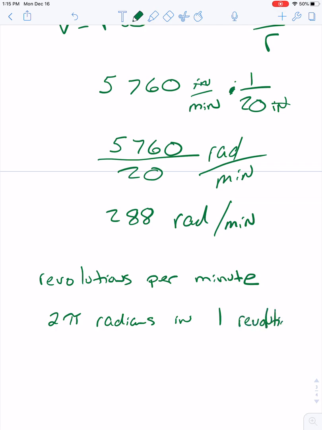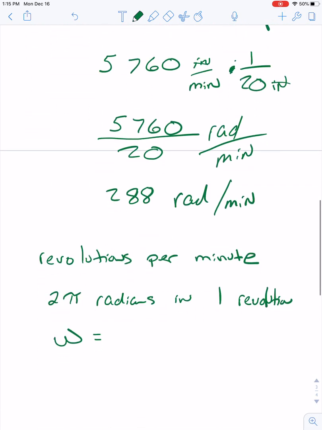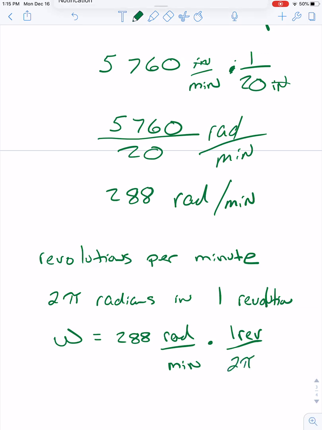So we have our angular speed at 288 radians per minute. And we want to convert that to revolutions per minute. And 2 pi radians is equivalent to 1 revolution.